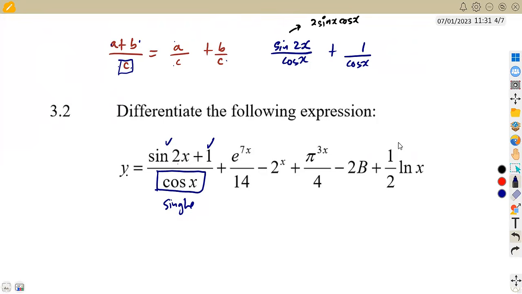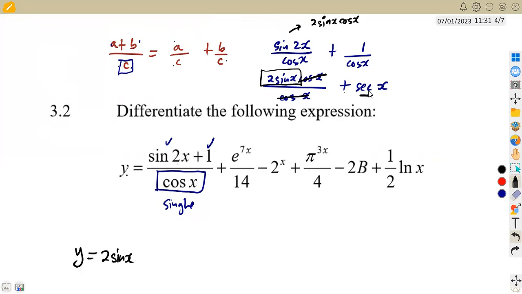So we can rewrite sine 2x as 2 sine x cosine of x, everything over the cosine of x, plus, from our trig identities, 1 over cos x. This one is the same as sec x. So from the first part, cos x and cos x will cancel. You remain with 2 sine x over 1. So this is going to give us y is equal to 2 sine x plus sec x. From 1 over cos x, we obtained sec x, so this is going to be plus sec x.